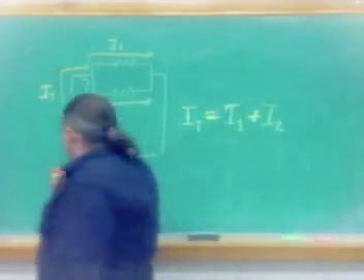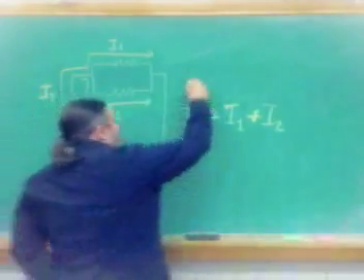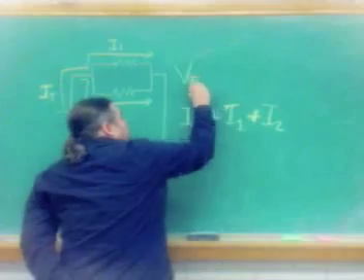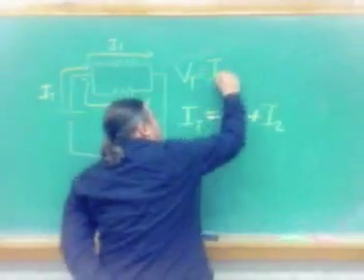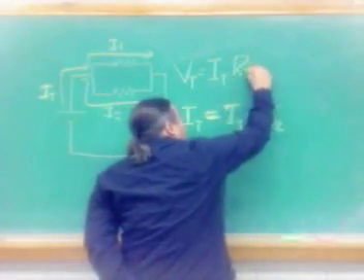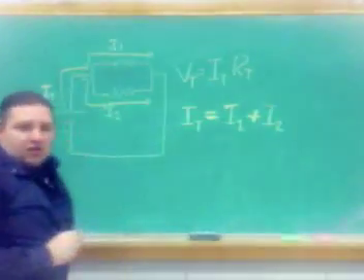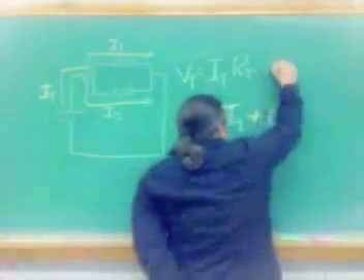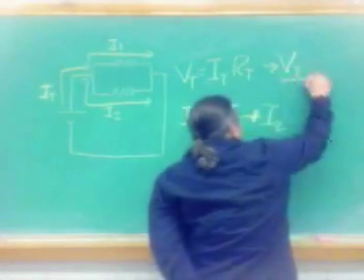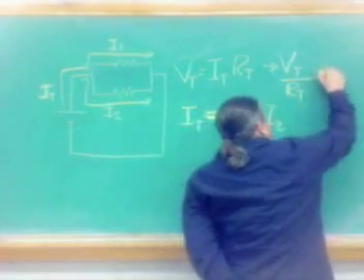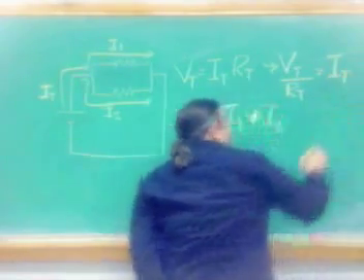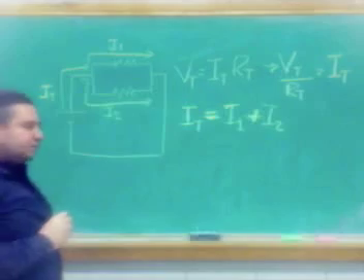Now, Ohm's law would say that the voltage total is equal to the current total times the resistance total. Okay? Or if I move the terms around, I get voltage total over resistance total is equal to current total. Cool?